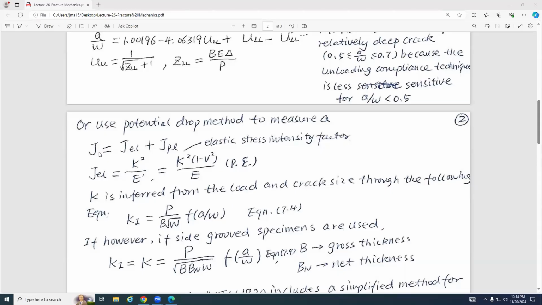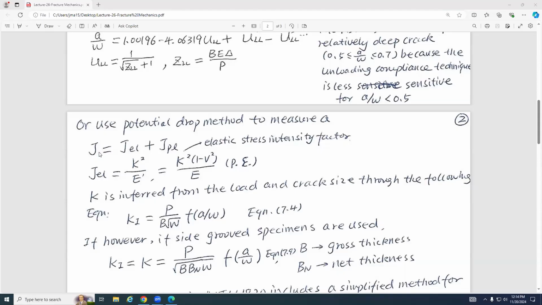That condition we call plane strain. So for plane strain, the effective Young's modulus equals the nominal Young's modulus E divided by 1 minus nu squared.